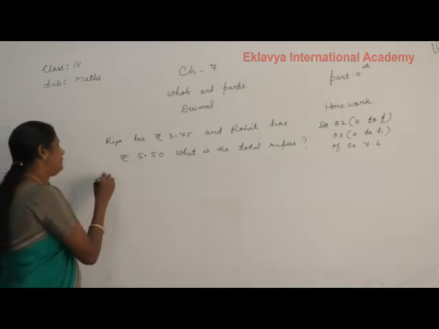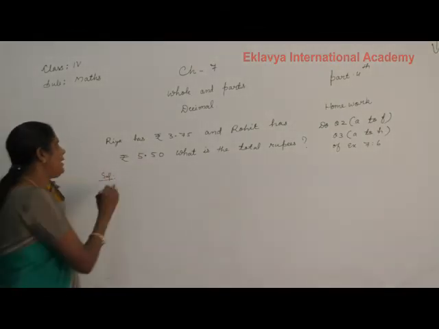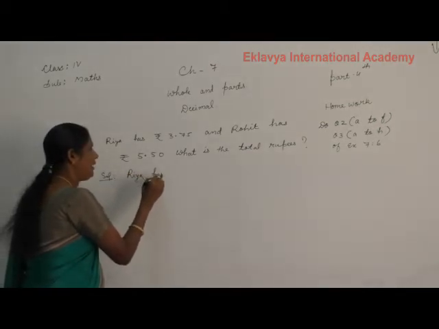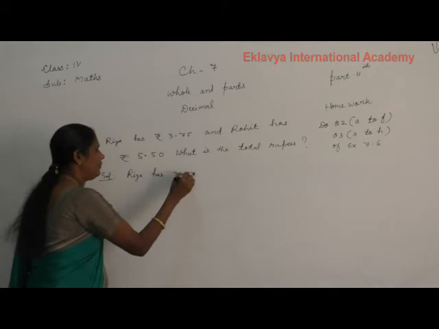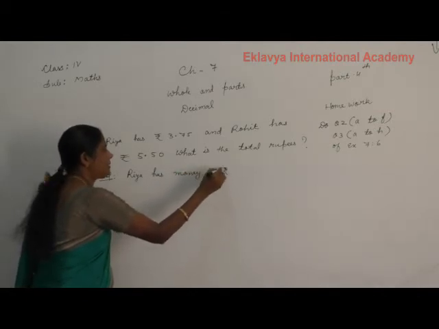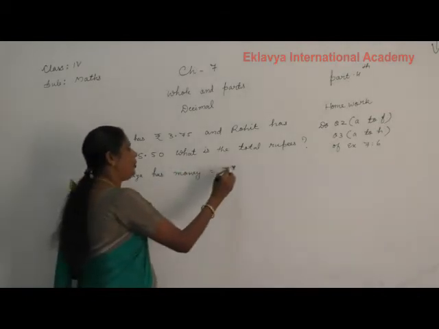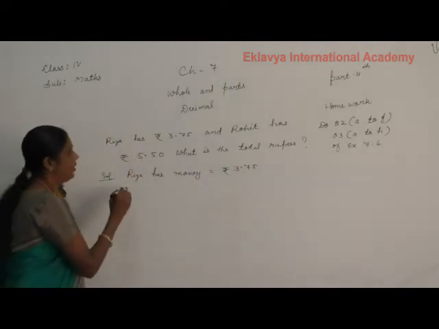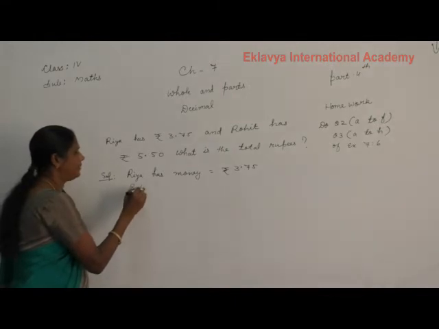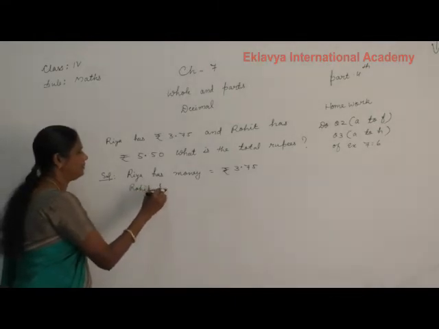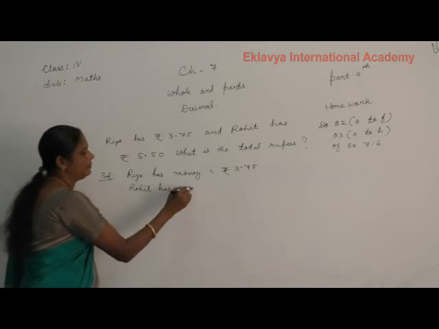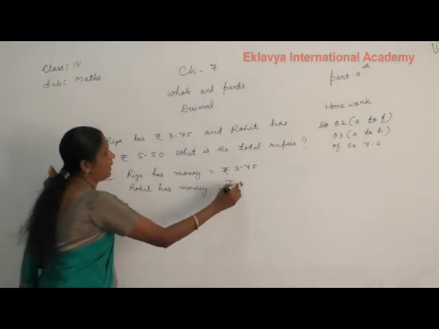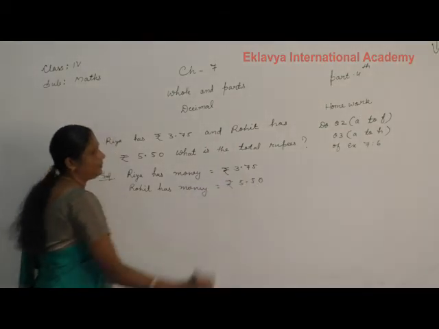First, solution. Riya has money rupees 3.75. Then Rohit has rupees 5.50.